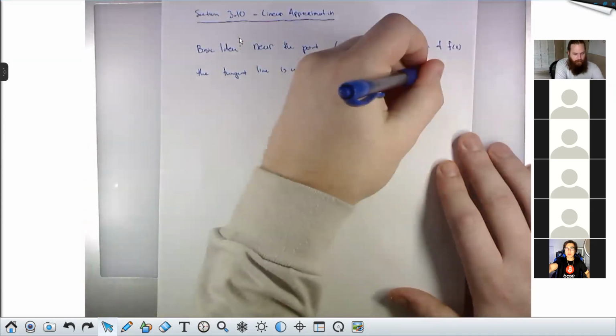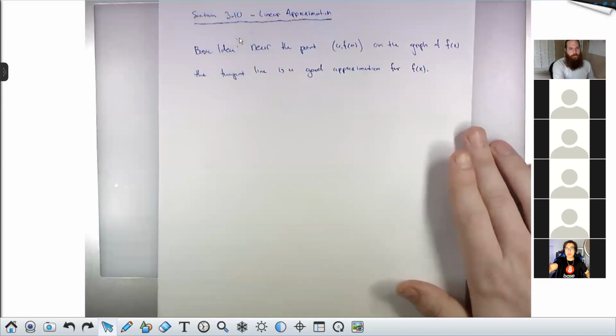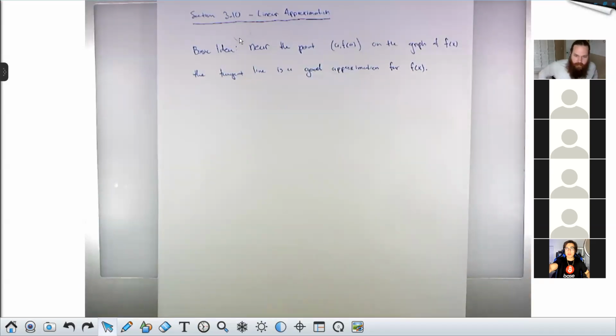That's the big idea. In fact, in a much more grown-up calculus class, in like a second or third year graduate level differential geometry class, we define the derivative to be the best linear approximation to that function at that point.